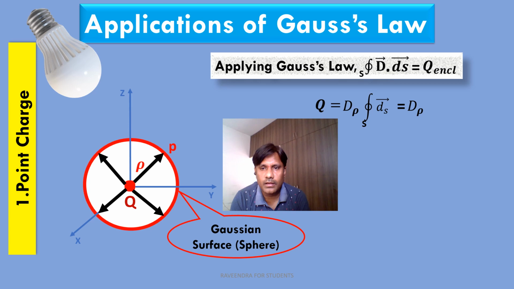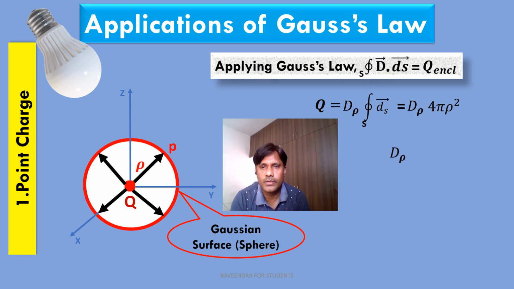Here, if we are applying Gauss law, no need to evaluate this closed integral over S dS bar. It is the same as the surface area of the sphere, which is the Gaussian surface. What is the surface area of the sphere? It is 4 pi r square, if r is the radius. Here in place of r we have rho, so 4 pi rho square is the surface area of the sphere.